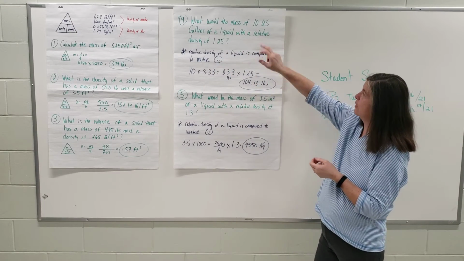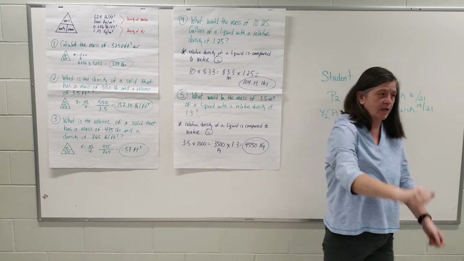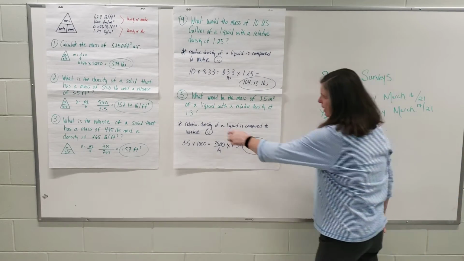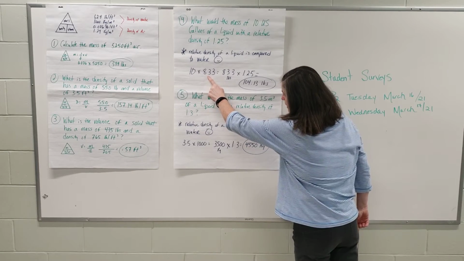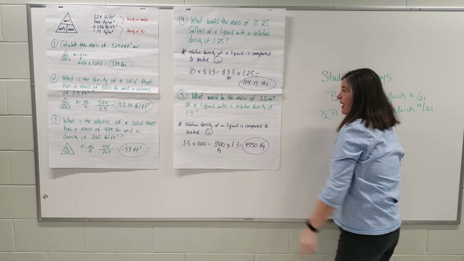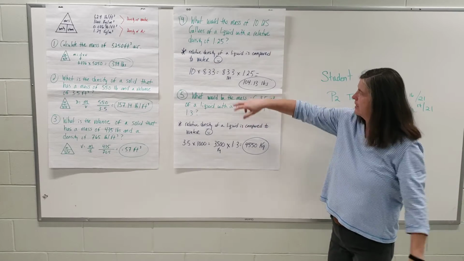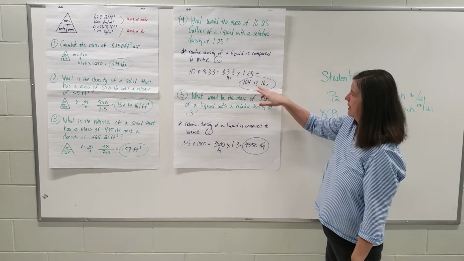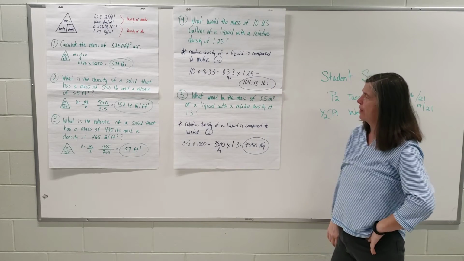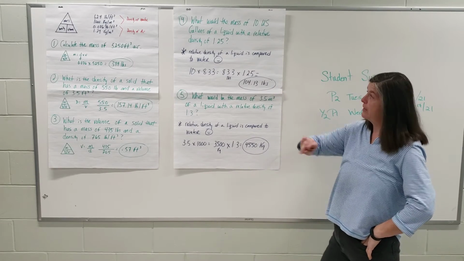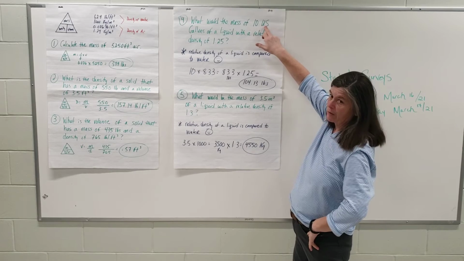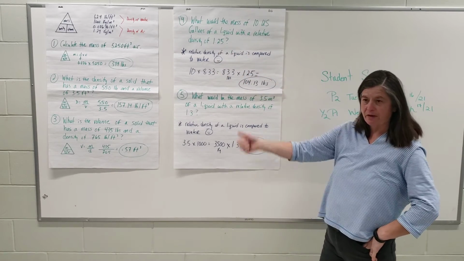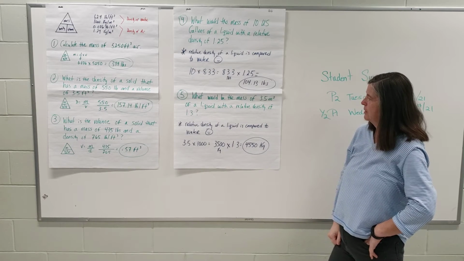So first, we have to figure out how much 10 US gallons would weigh if it were water. We know how to do that. 10 times 8.33, we get 83.3 pounds. This other liquid is 1.25 times heavier than that. We multiply that out and we get 104.13 pounds. So what we did was figure out what it would weigh if it were water, and then this other liquid is 1.25 times heavier, so we just multiply it through.